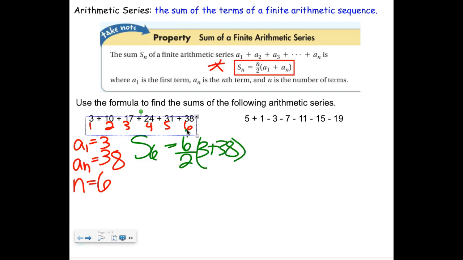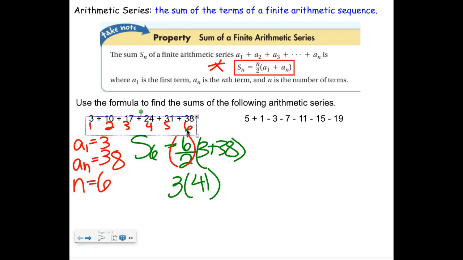From here, it's up to you how you want to plug it into your calculator. If you want to simplify it a little bit and then plug it in. So for example, I like to simplify the fraction, so I'm going to turn that into a 3. If you also want to simplify this stuff inside here or leave it as is, you can certainly plug the entire thing in your calculator. If you do that, remember your fraction needs to be in parentheses if you do want to plug the whole thing in.